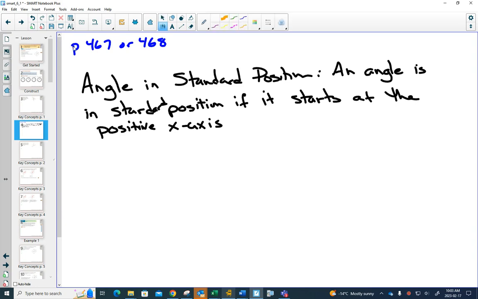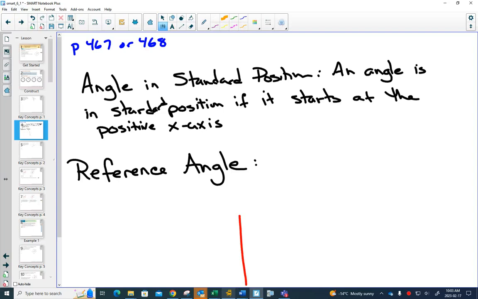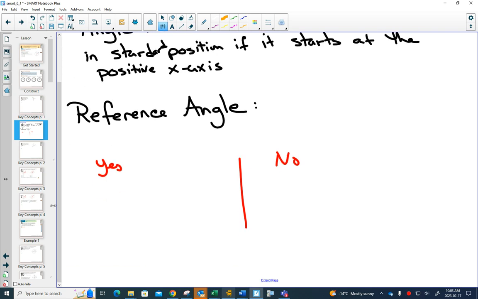Definition number 2 from grade 11. Different than an angle in standard position is a reference angle. Again, I will draw, let's put the line up here. I find seeing the definition a lot better than the words.